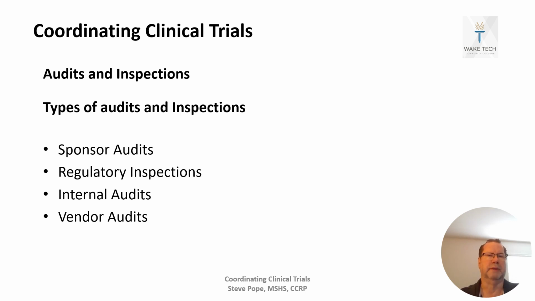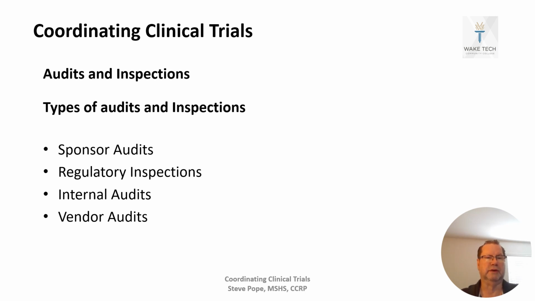So let's begin by talking about the types of audits and inspections that you'll see. First of all, you have sponsor audits. Those are from the pharma company that's sponsoring the trial. You'll have regulatory inspections. Those come from the FDA or some other regulatory agency, but in almost 100% of the cases that you'll work on, they're going to be FDA inspections.